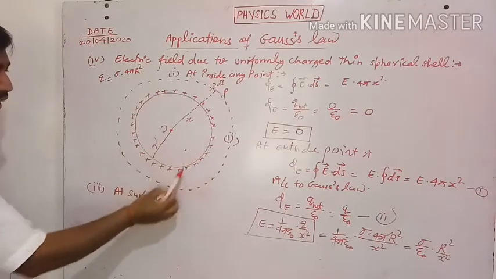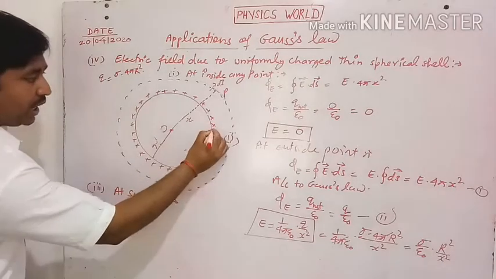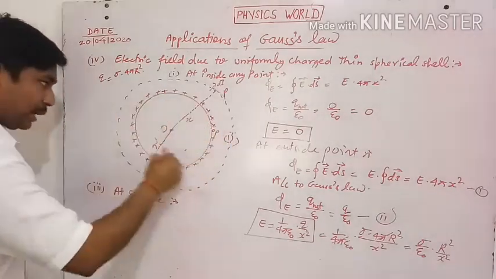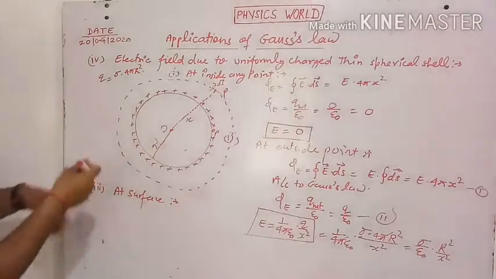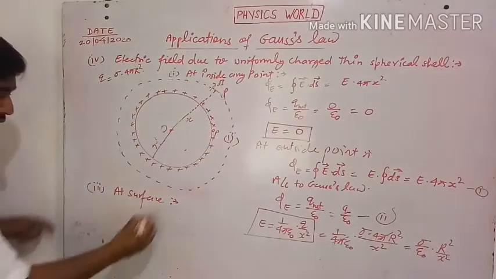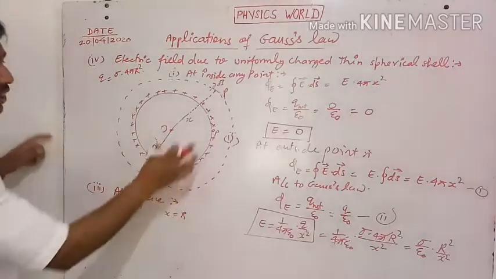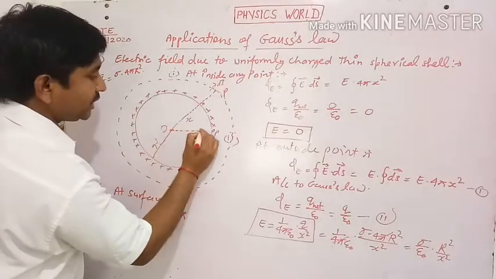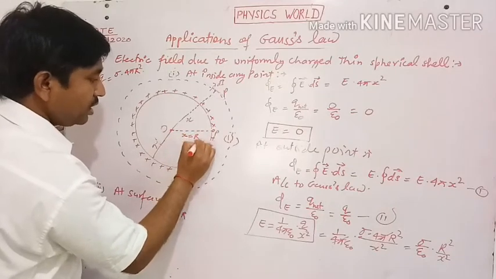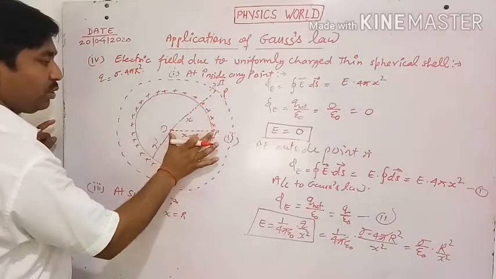Now if we consider any point P on the thin spherical surface, then what will be the value of the electric field? This can be easily obtained by putting x equal to r.